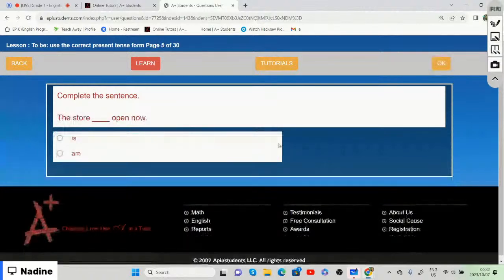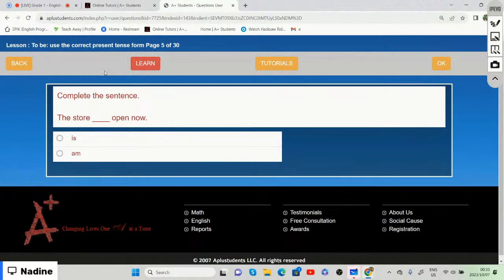And so the last one, the store is open now or am open now? So the store is or the store am open now. All right, so the store refers to only one thing or one place, right?